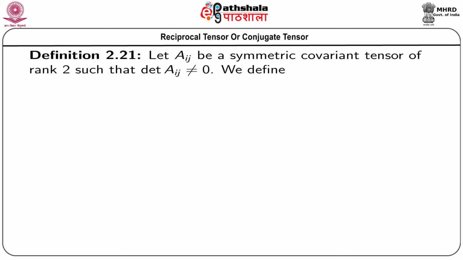Now, the symmetric covariant tensor of rank 2 of this type always forms a square matrix. So, its determinant can be obtained and it should not be equal to 0 for our definition. So, we define the reciprocal tensor or conjugate tensor in the following way.